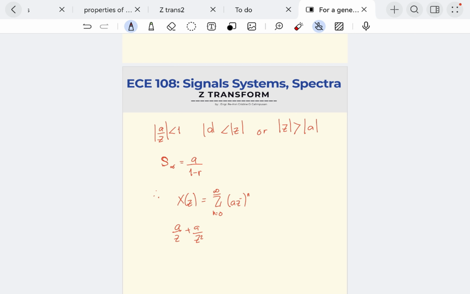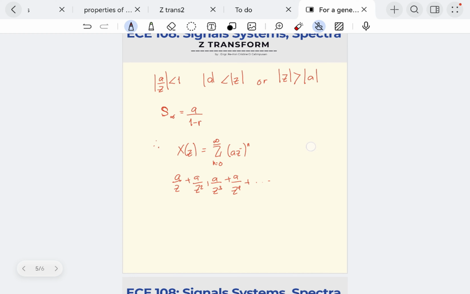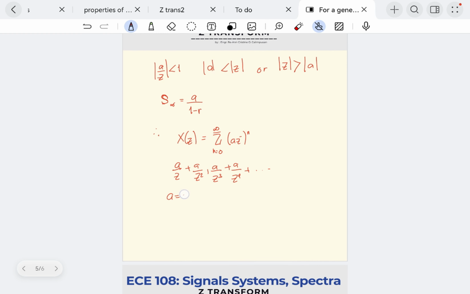Just to take note, if we explicitly elaborate the values of the geometric series, we could have 1 plus alpha z to the negative 1, plus alpha z to the negative 1 squared, cubed, to the fourth, and so on. There is a first value of 1 there because anything to the power of 0 is 1. So the first constant value is 1, and the common ratio is alpha z to the negative 1.